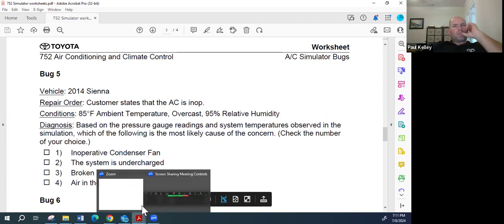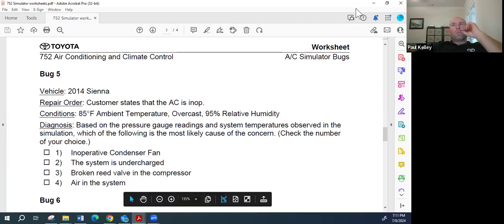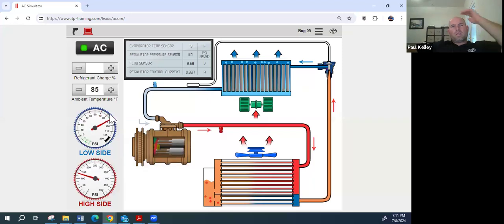Both of those are kind of interesting, so let's jump back to it. Remember, I told you what air in the system would do, but air in the system doesn't normally cause as much of an issue on the low side. It's kind of like your tires. The reason that you jump in the car and your tires are at 32 and then you get on the freeway and they're at 39 is because there's moisture in the system.